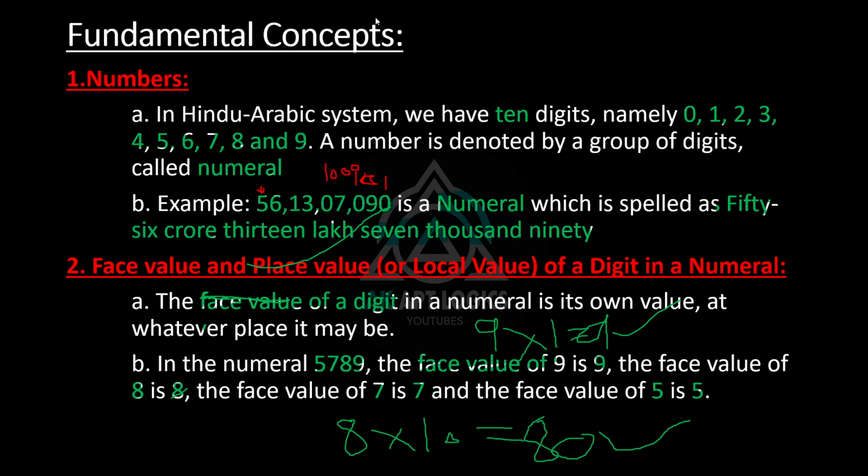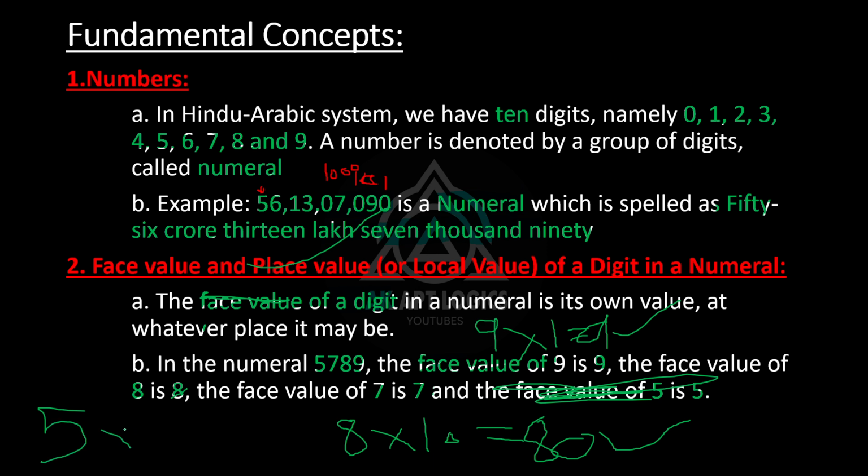So if you are going to say that the face value of 5 is 5 itself only, as we are seeing here, right? The place value of 5, or the local value of 5, will become 5 into, in what place is the 5 present?